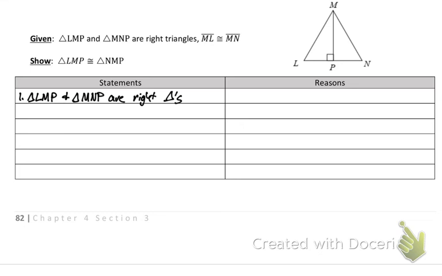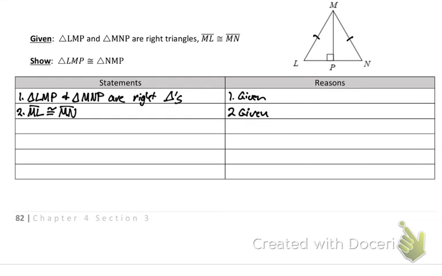Okay, so that's my first given. My second given is that ML is congruent to MN. That is also given, but we should mark our drawing to help us move forward. So ML is congruent to MN.